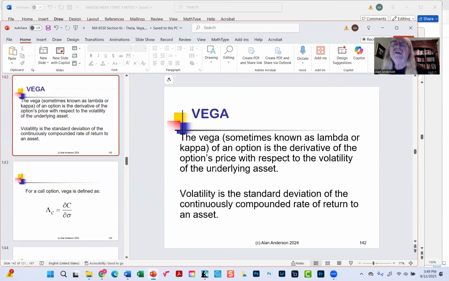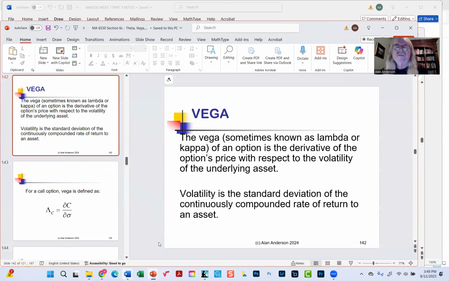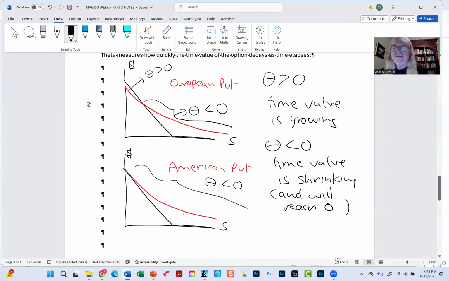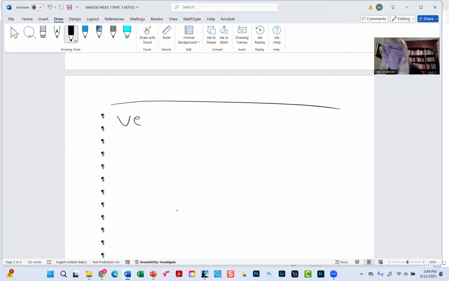Now, here's an interesting one. This one revolves around the sensitivity of options to volatility. And I think I mentioned yesterday, Vega is not a Greek letter. So we don't know what happened there. We have to pick another letter so that we can use the symbol. So usually that letter is lambda.